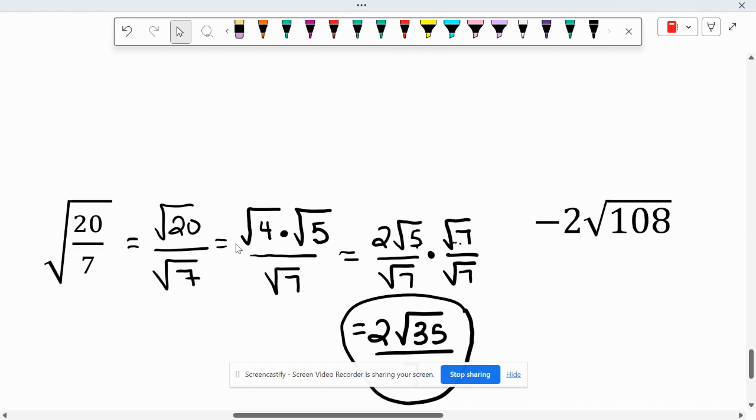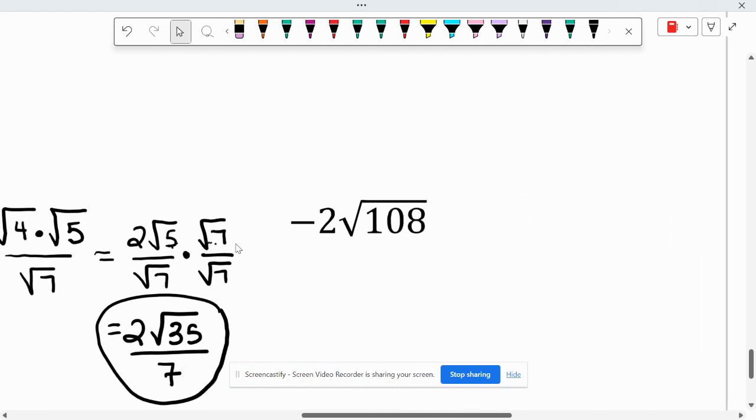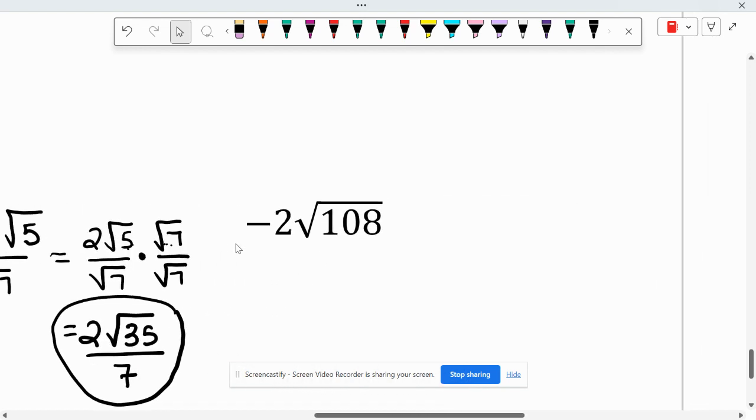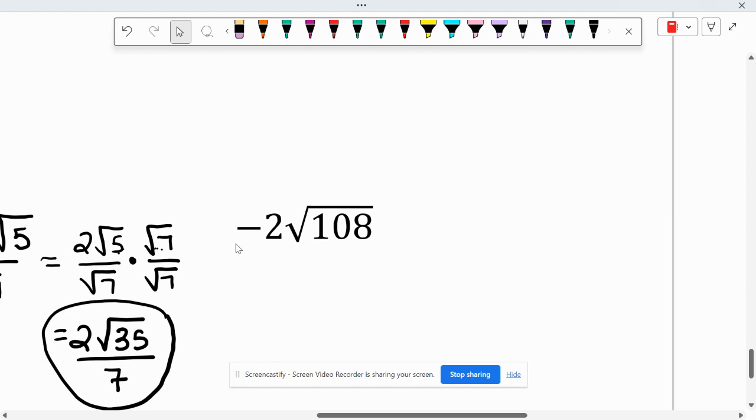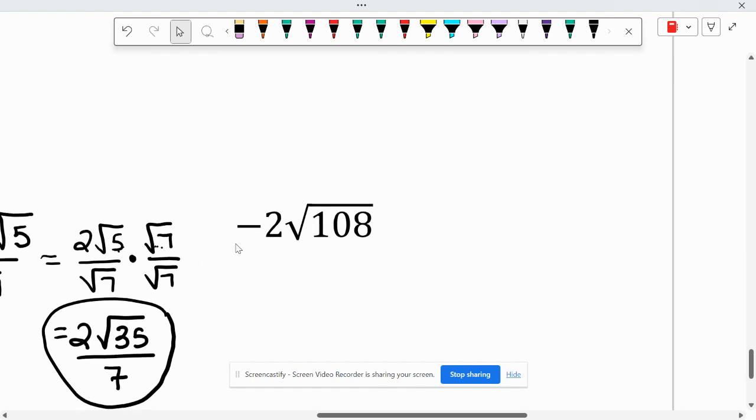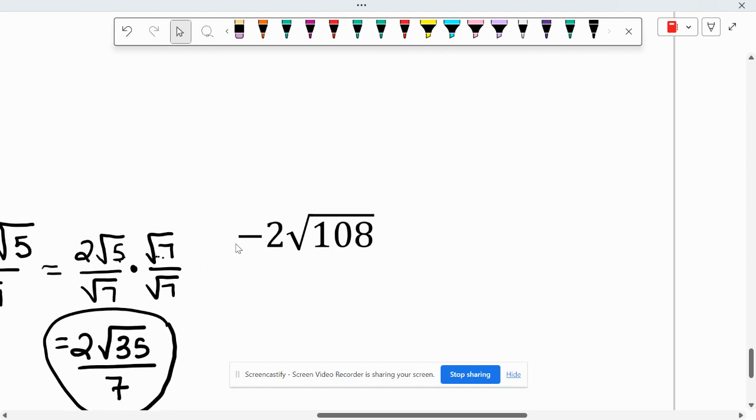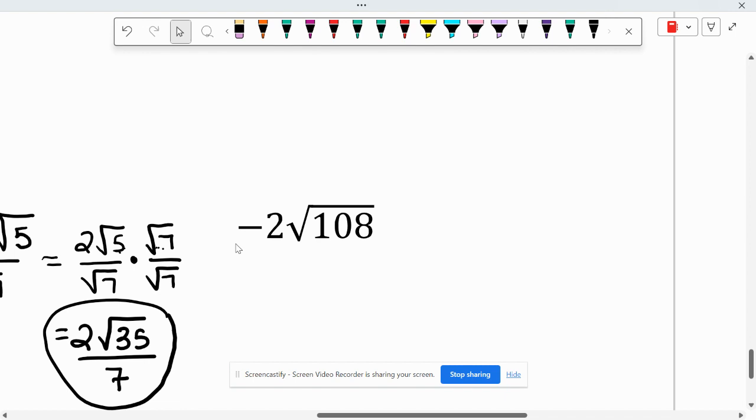What about this next one? Take a look at your times table and find 108 on your times table and see if there are any large perfect squares that multiply together to equal 108. No? So what's one factor of 108? 9, yeah.